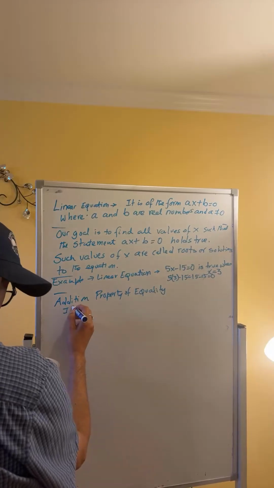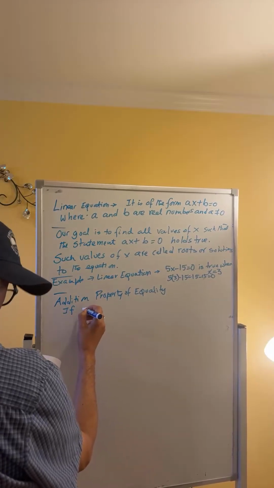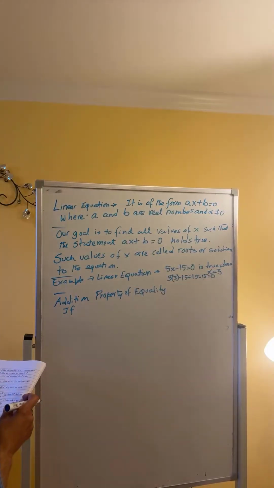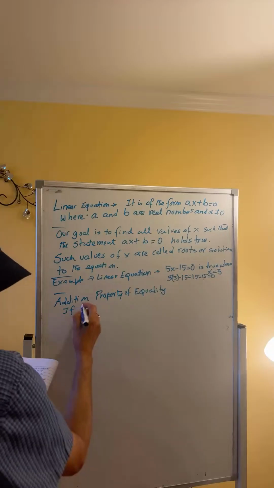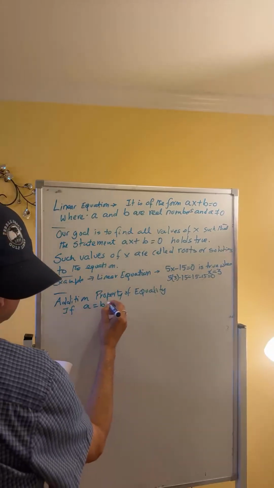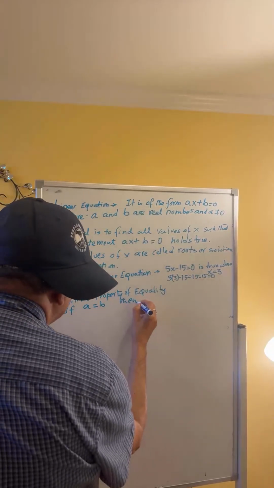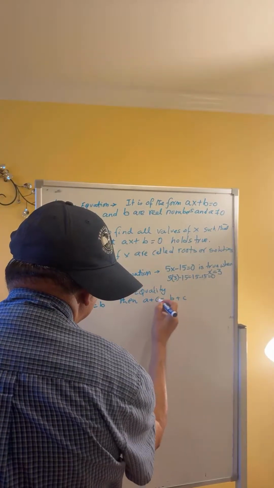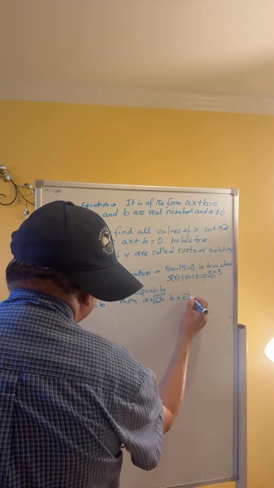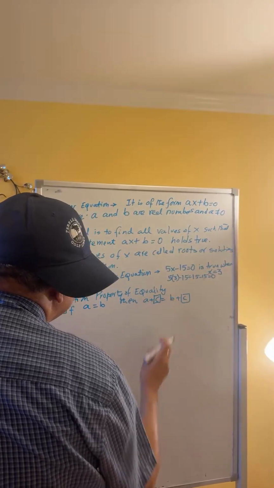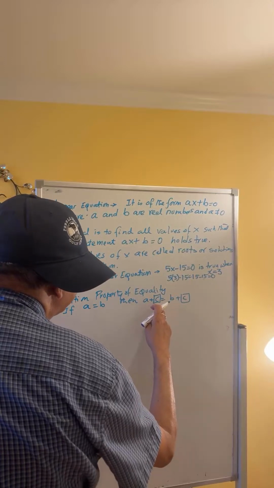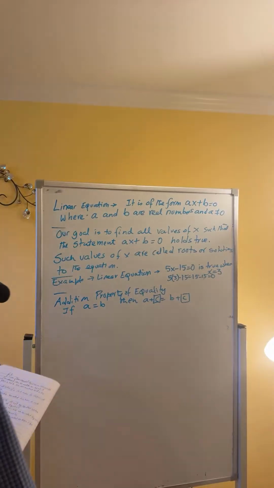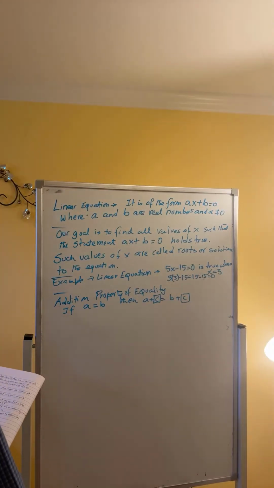If A is equal to B, then A plus C is equal to B plus C. We added C on both sides, but since A and B are equal, we can add the same number or same variable C on both sides.